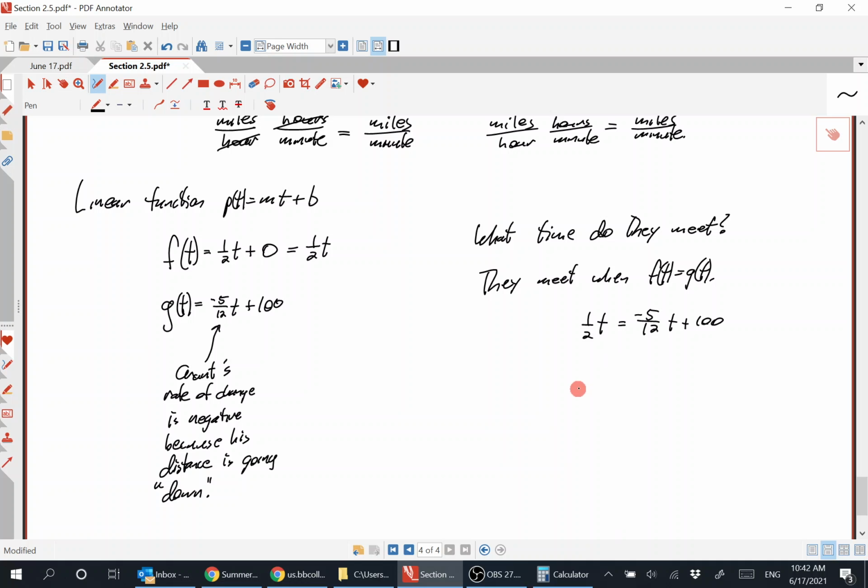So let's add 5/12 t to each side. So this is 11/12 t is equal to 100. So multiply both sides by 12/11. So t is equal to 1200/11 minutes.